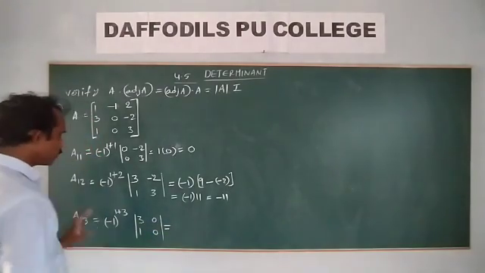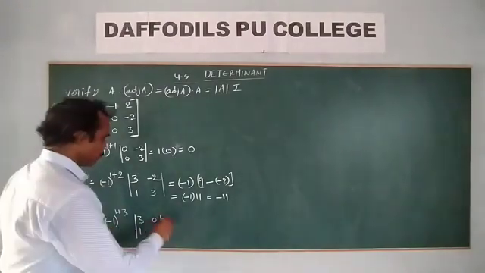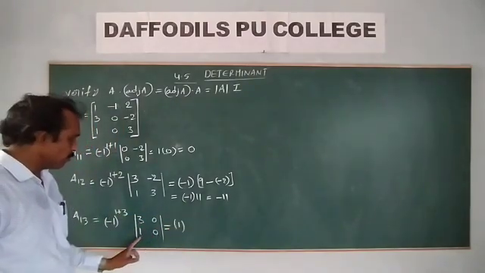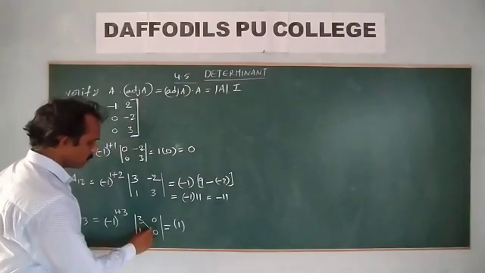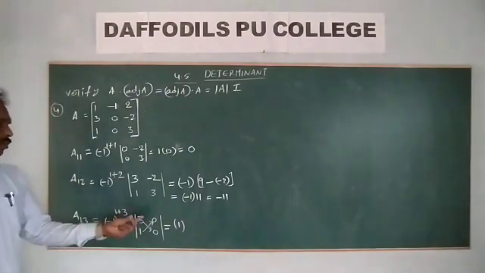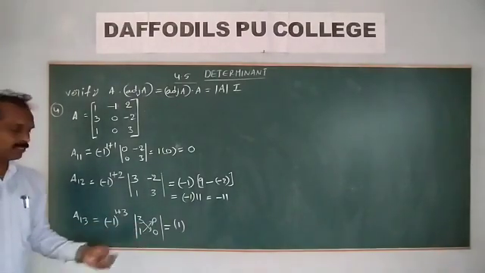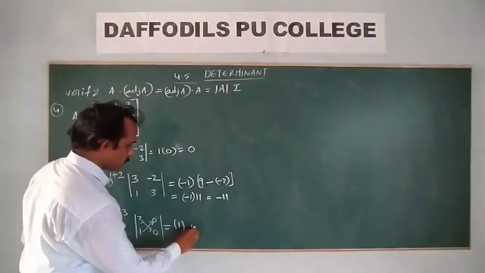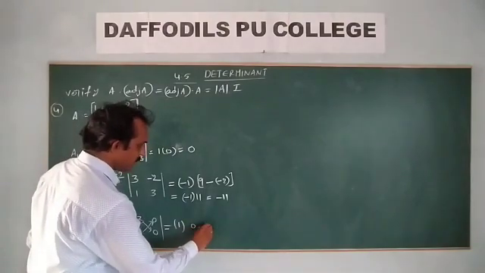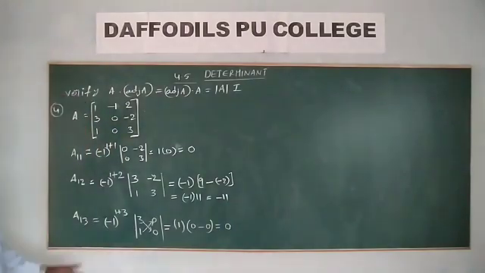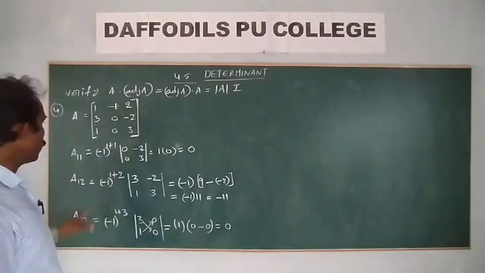This is equal to minus 1 to the power of 1 plus 3, an even power, so plus 1, times (3 into 0 minus 0), so this value is equal to 0. Next up, the cofactor of 3, nothing but A21.